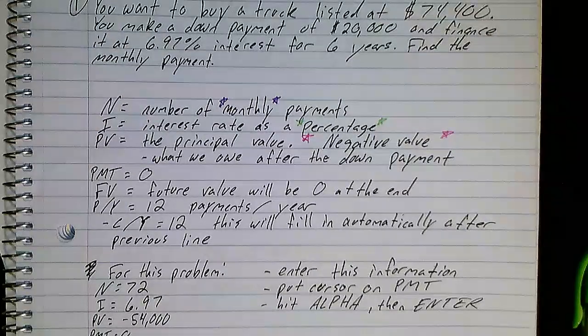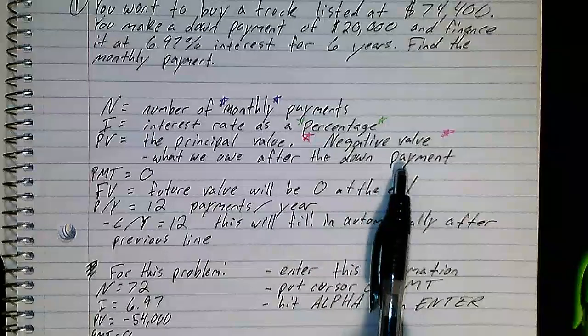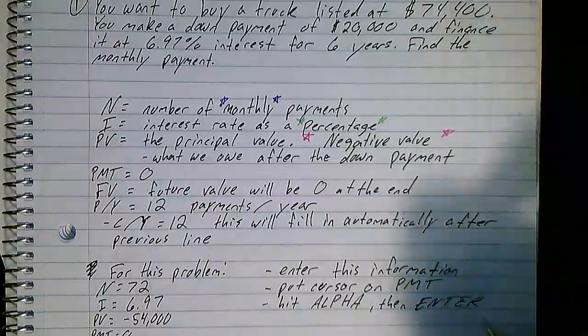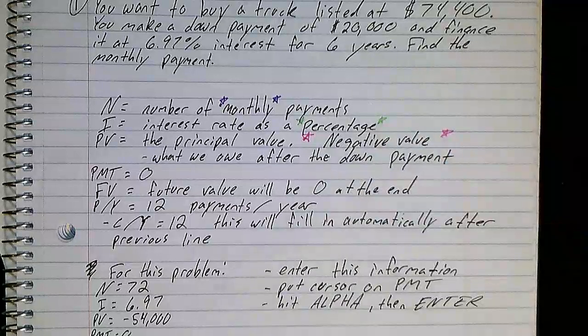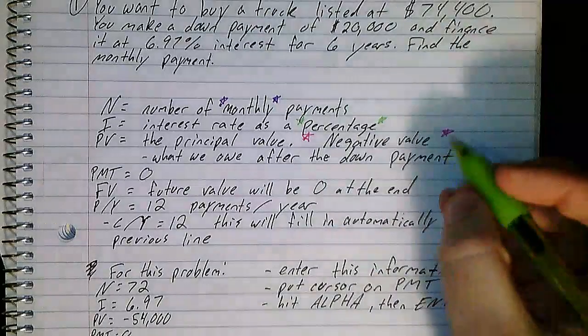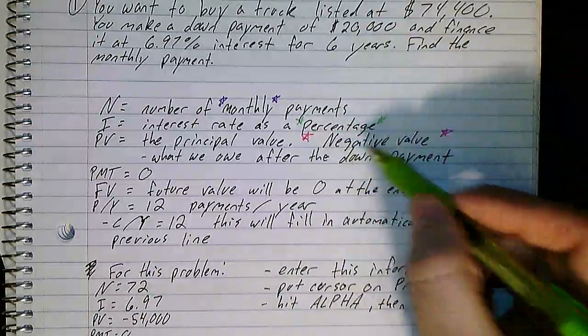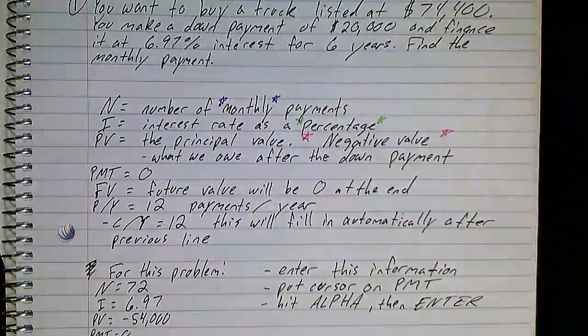PV is the principal value, what we owe after the down payment. And this is a key part of using the TVM solver. Think about it in terms of a cash flow. This is money that we owe, so the PV value should always be negative.